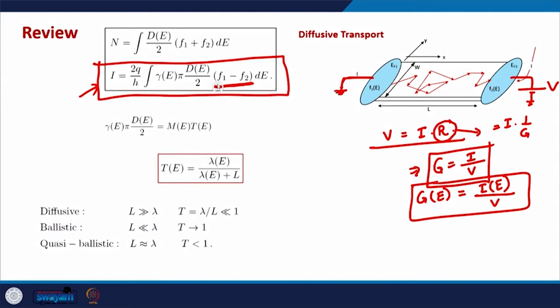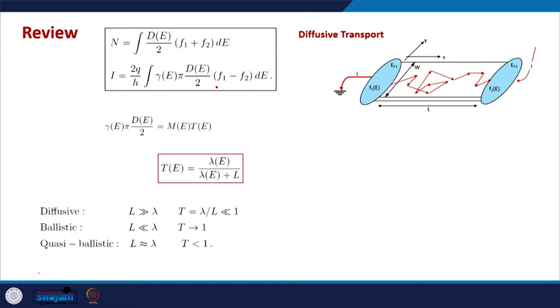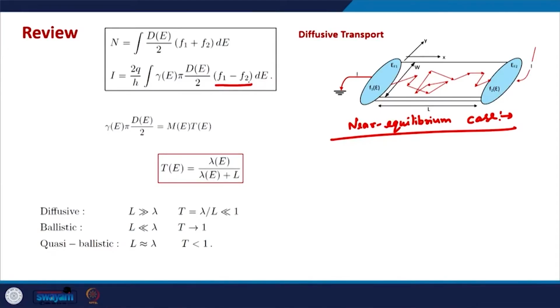And what we saw in the near equilibrium case, and when is the near equilibrium case? Near equilibrium case is when we apply a short voltage across the device, the applied voltage is very small, and in that case the difference between F1 and F2 is there, but it is not very large.